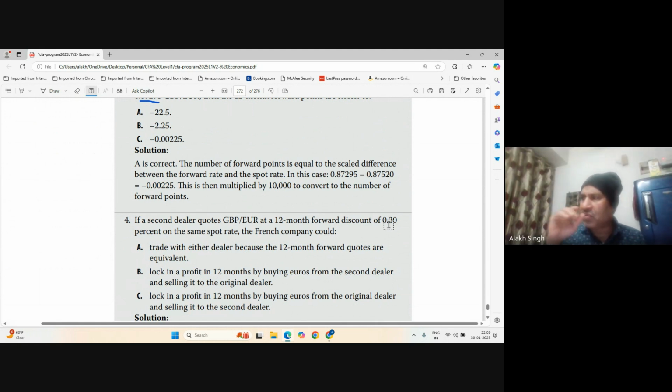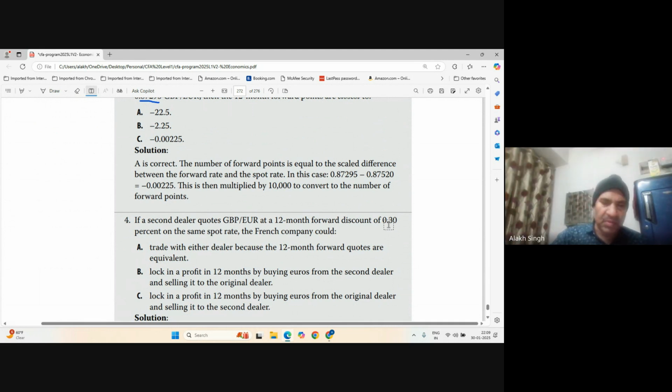The one who is giving more, you need to buy from that one. Buy low, sell high. You buy from him because you are going to get more. So lock in a profit at 12 months by buying euros from the second dealer and selling to the original dealer.